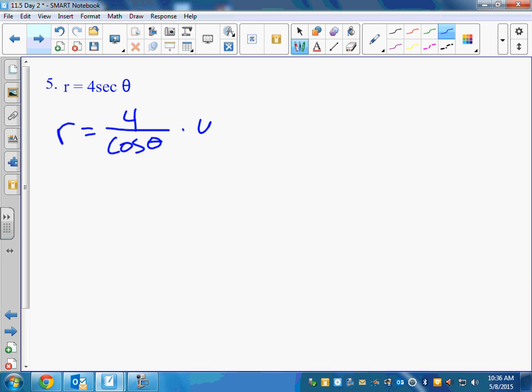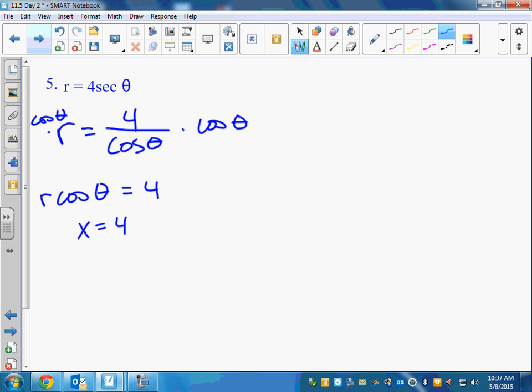If I just multiply cosine on both sides, I would have r cosine theta equals 4. And what does r cosine theta equal? x equals 4.